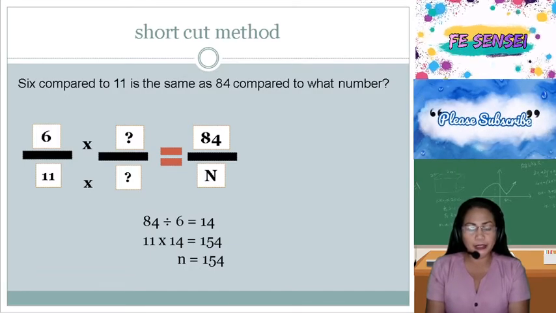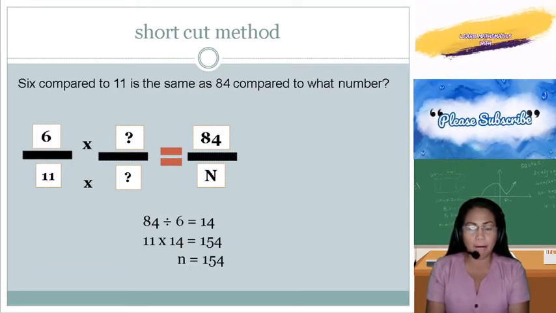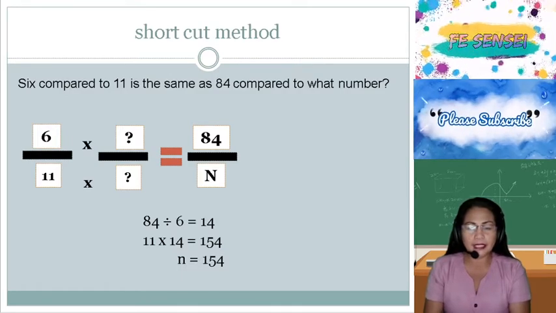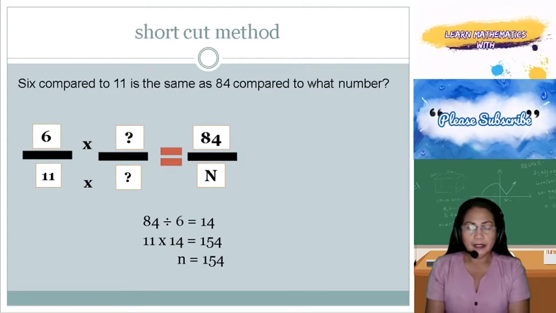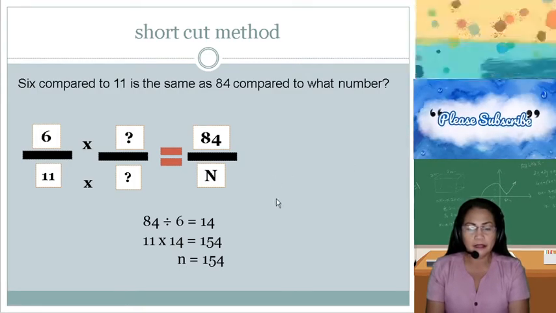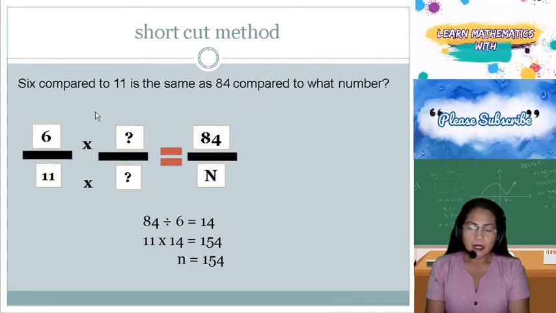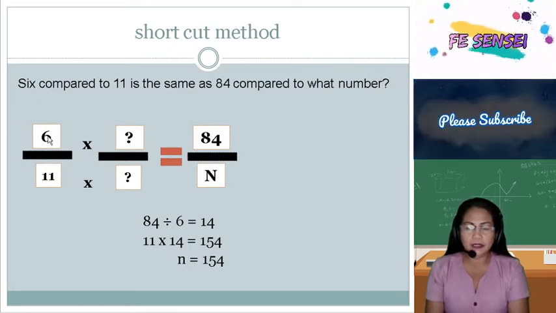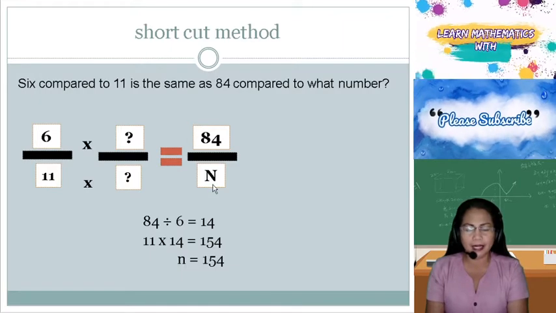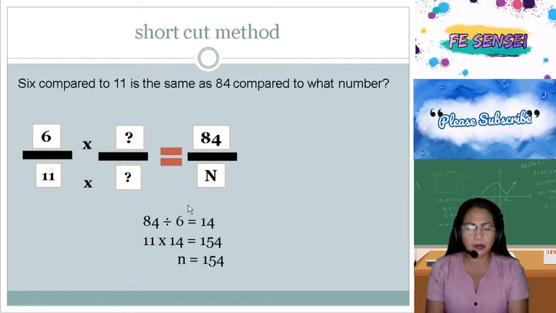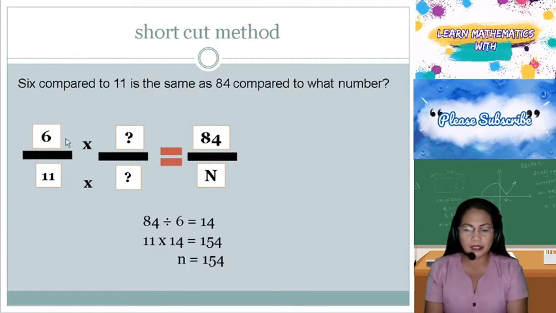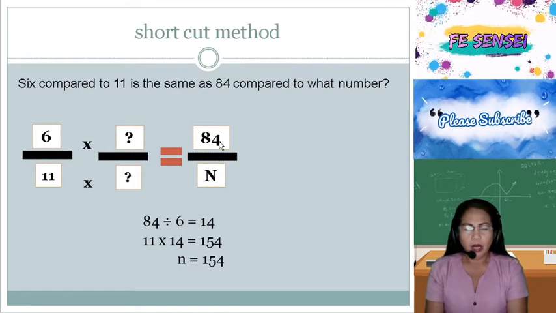Okay, if we're going to do this in a shortcut method, let's examine both the fraction on the left and the fraction on the right. Then, we have 6 over 11 and 84 over n. So in this equation, or equal fractions, 6 becomes 84.